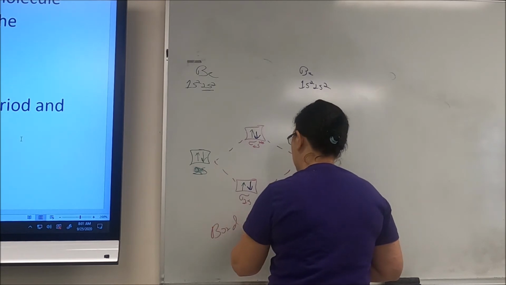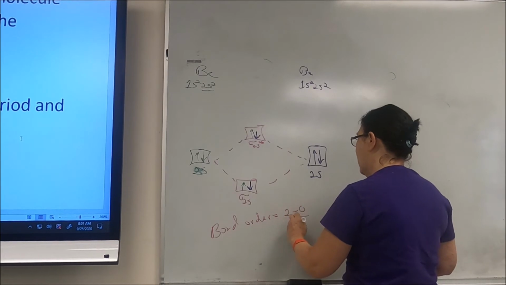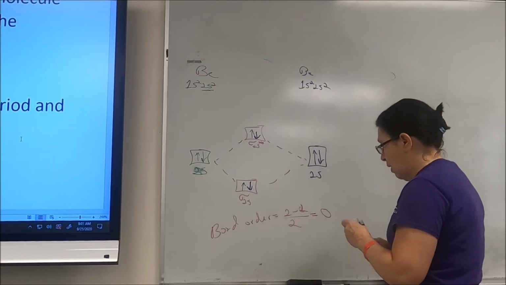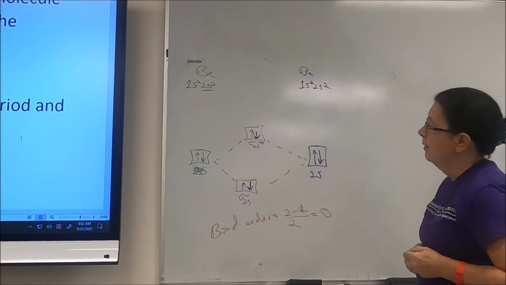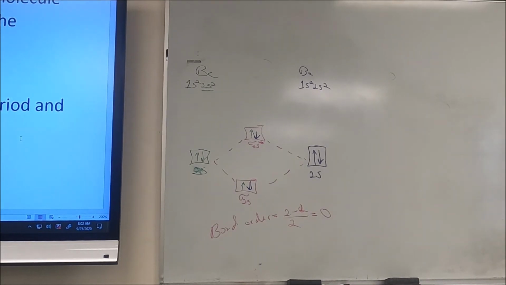So the bond order is going to be 2 minus 2 divided by 2, which gives me a big fat 0. Okay? So there's beryllium and its bond order. So a beryllium molecule does not exist.